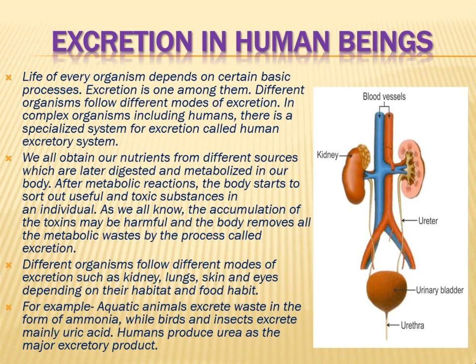The body takes care of the substances that are needed by the body and the substances which are not needed by the body. Like we have seen in the digestive system, the things in the food which are not needed by our body move out through the rectum. So that is also excretion.